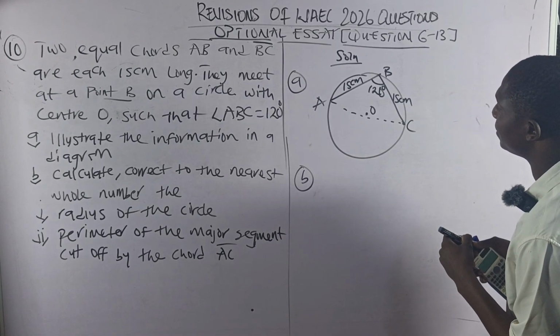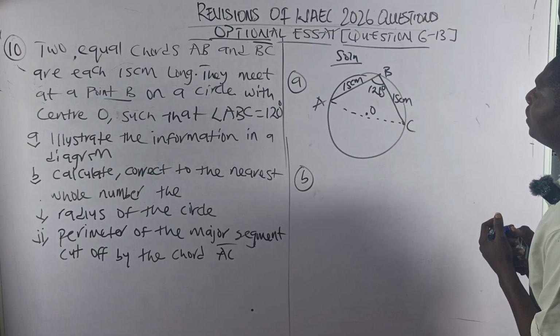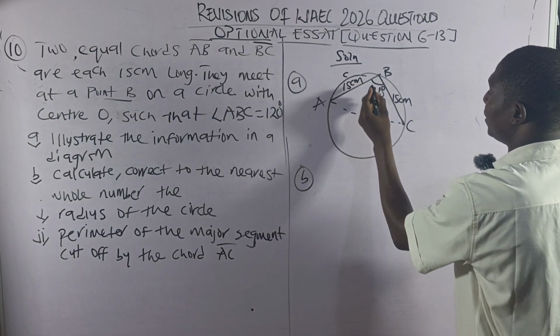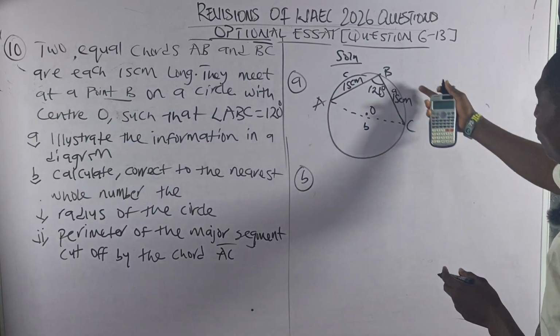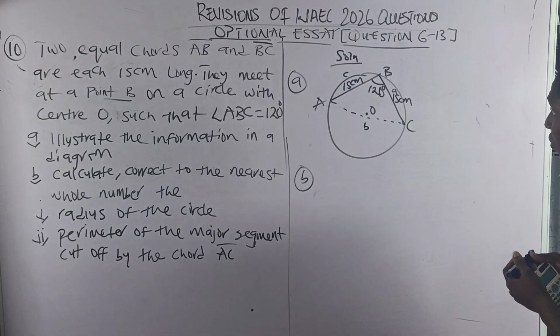To get our AC, we can use the cosine rule to say that this is small letter b, this small letter c, and this small letter a. If you don't understand it, you can fall back to our previous topic and get a better understanding of it.